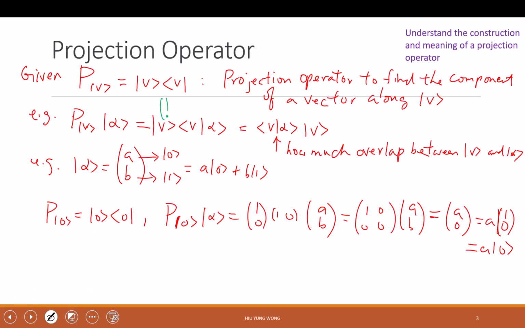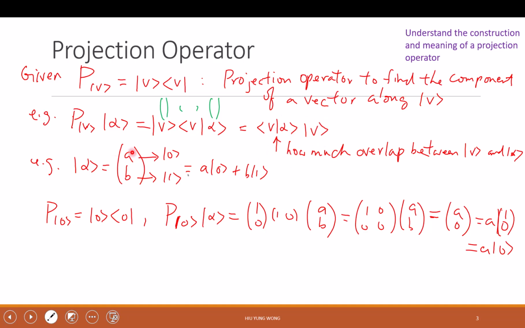This is a column vector, this is a row vector, and this is a column vector. And I'm not really using associativity, because these two give you a scalar. So it's an inner product times a column vector. So I can put this inner product in front of it. That's what I'm doing, and then I get this.